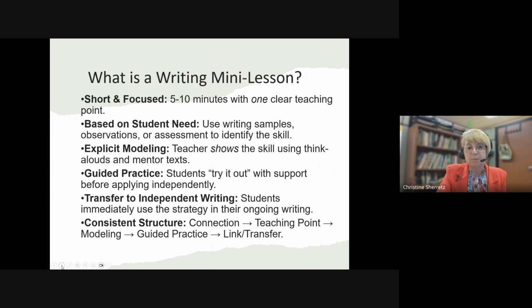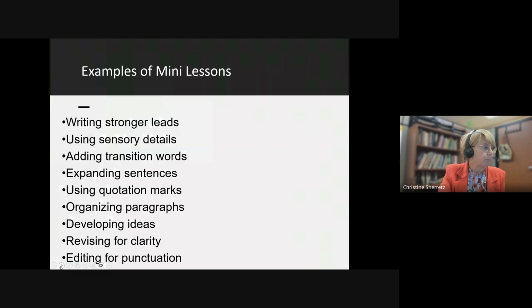It needs to be explicitly modeled, showing the skill, using think alouds, using mentor text, using students' writing. You need guided practice where the students try it out. And then you need opportunities for transfer. So students need to immediately use that in their own writing. So it's kind of this structure of connection. So we're going to have a teaching point, we're going to model, practice, and then we want that transfer.